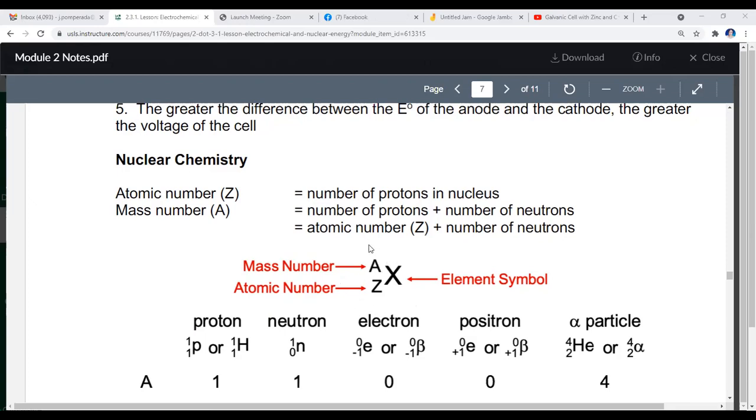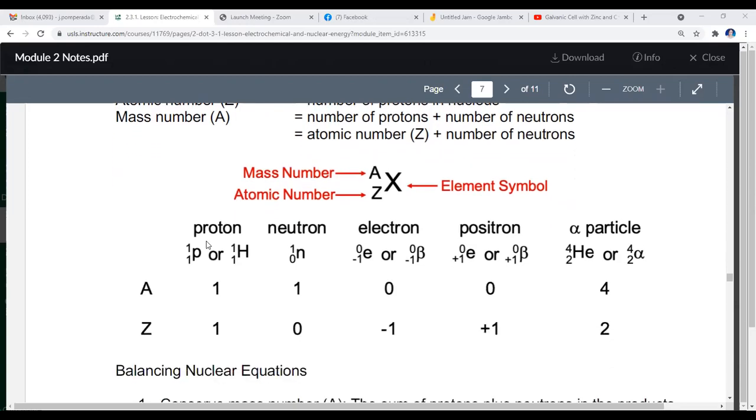Your mass number on the upper left corner is the sum of the protons and the neutrons in your atom. So atomic number Z plus the number of neutrons will give you the mass number. For the commonly known particles, let's say for example, the proton, represented as P, has an atomic number Z of 1 and a mass number A of 1.